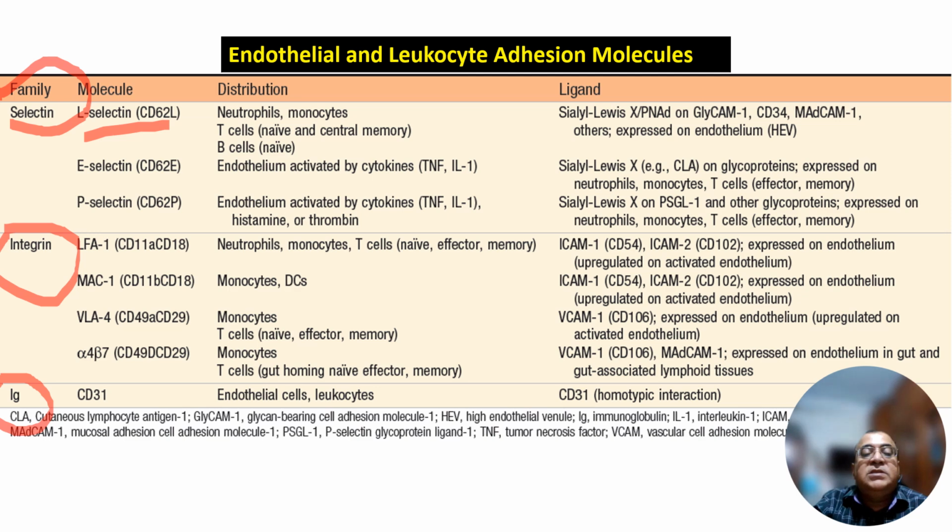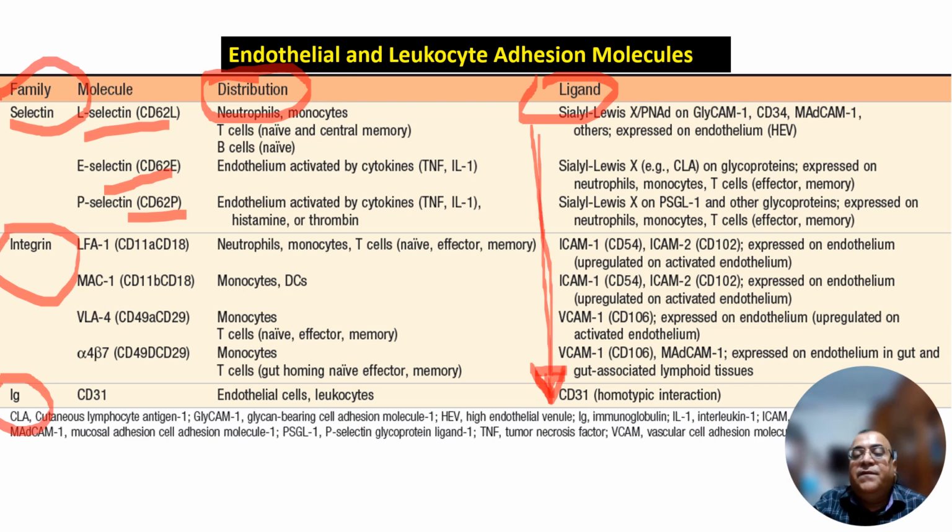They are expressed on selected cells and have specific ligands for the interaction that further helps in the propagation or in the firm adhesion of the leukocyte that aids in the transmigration of the leukocyte through the vessel wall.